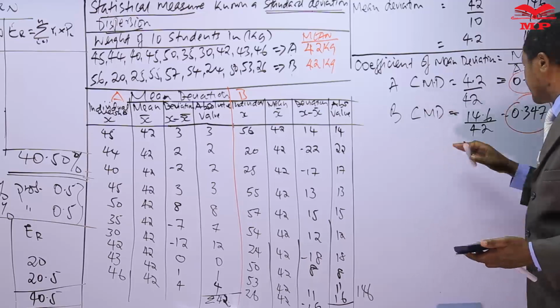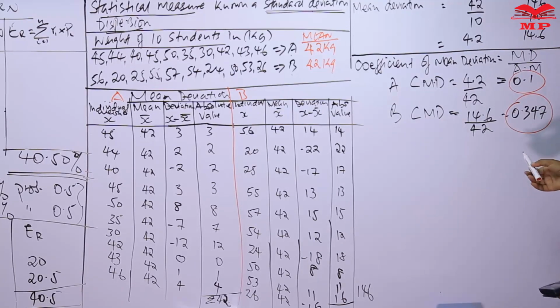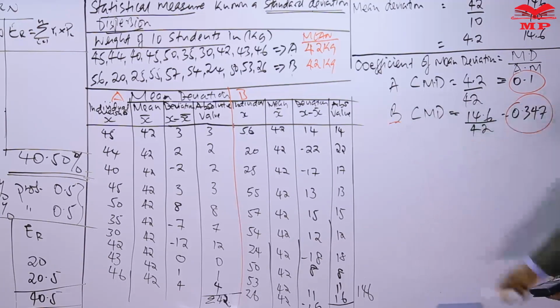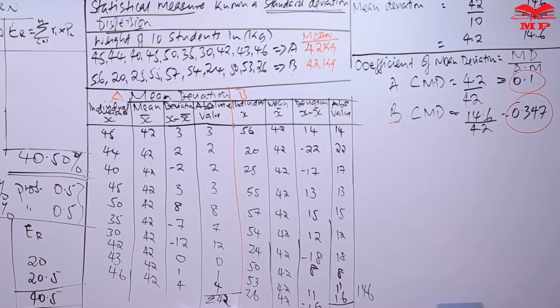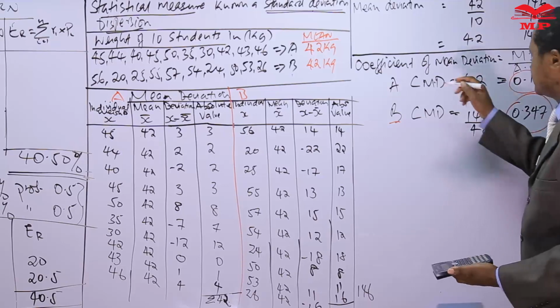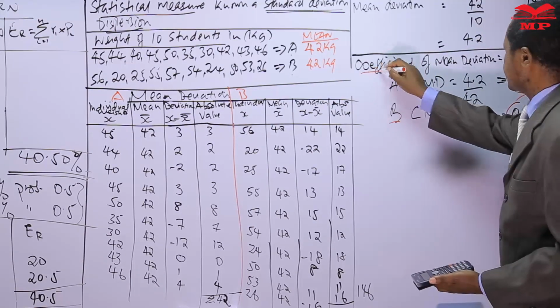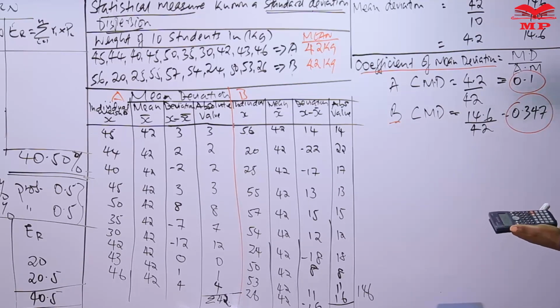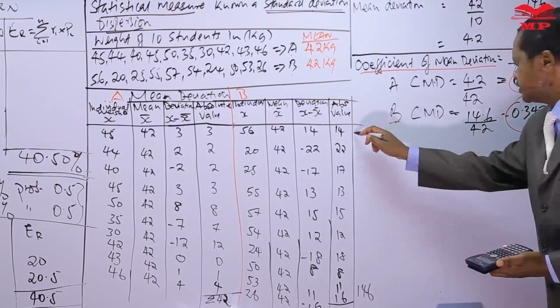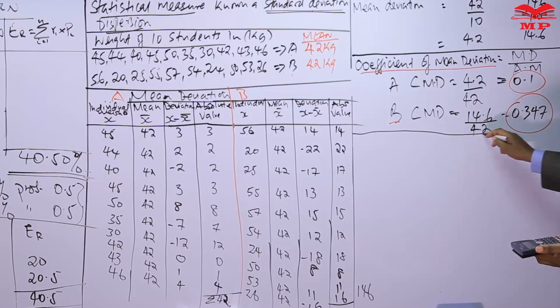But the calculation reveals it here, because class B has a higher coefficient of mean deviation. So the coefficient of mean deviation can be used as a relative measure of dispersion. That again was to remind us.